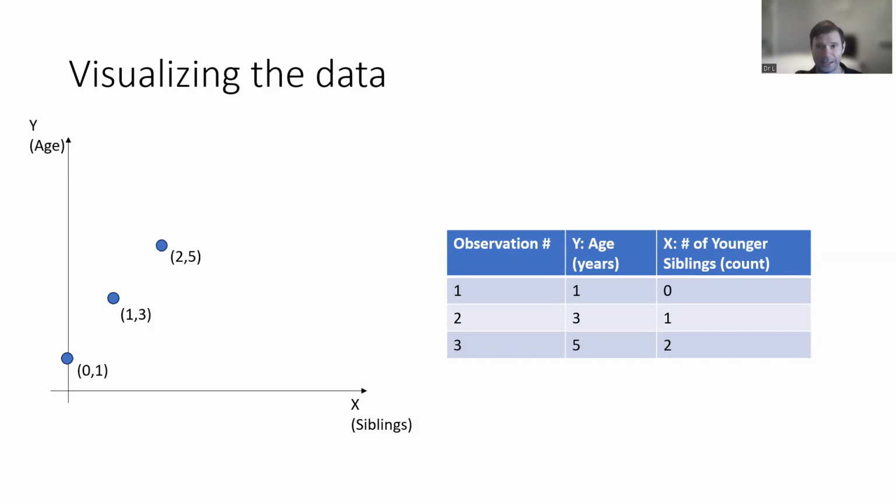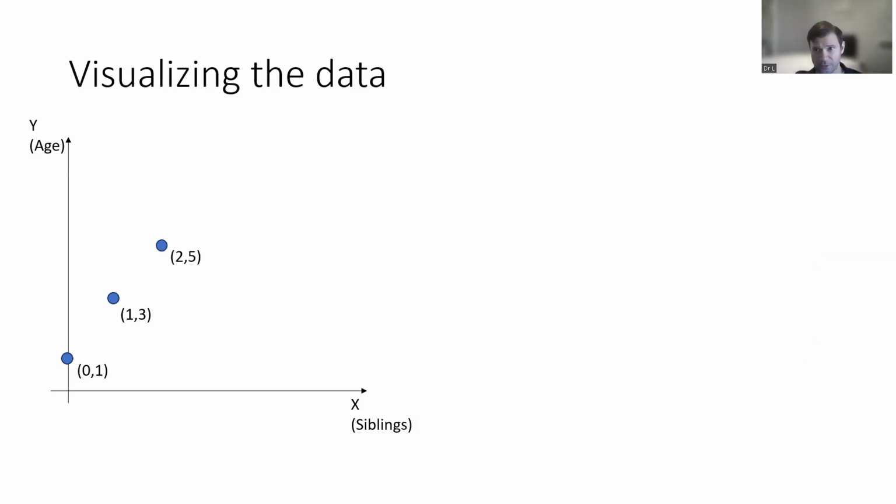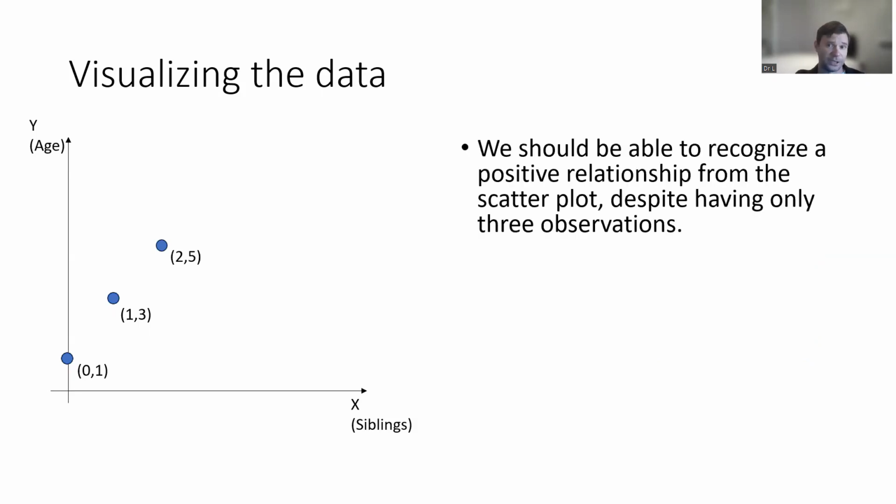So let's go ahead. I'll take away the data in tabular form on the right, since we have it visualized on the left. I'm not going to be too redundant here. And hopefully, looking at that information, you're convinced, at least, that this is some positive relationship that we are observing here, despite the fact that we only have 3 observations.